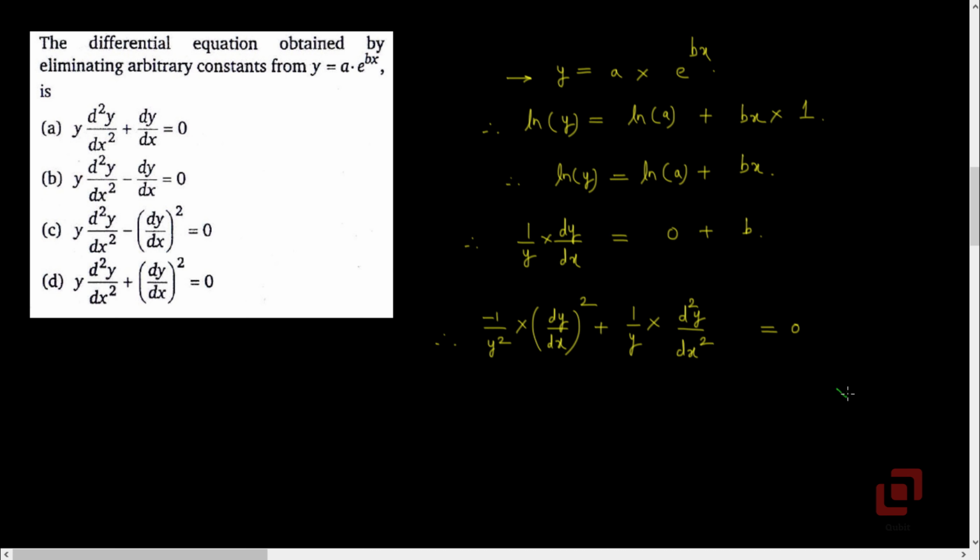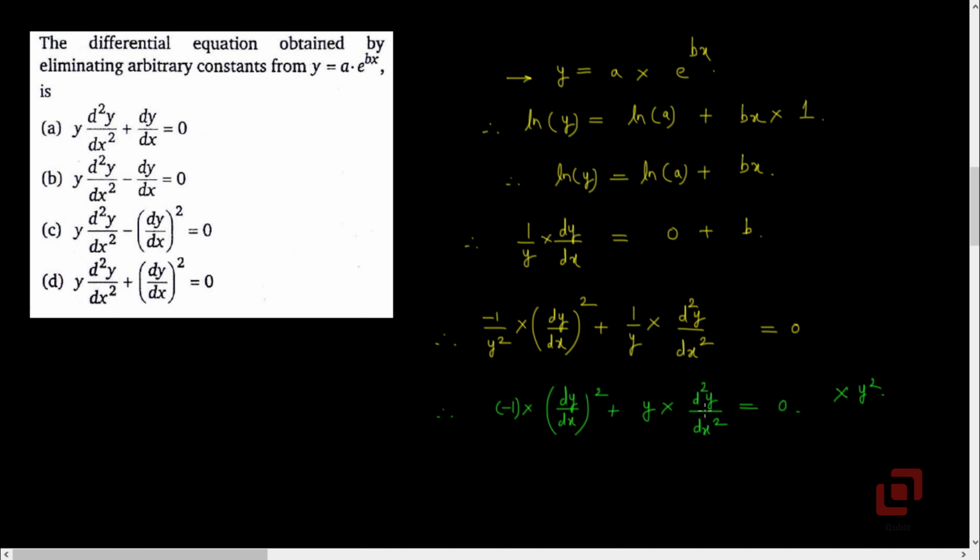So let us multiply the entire differential equation by y squared, which will give us minus 1 into dy by dx raised to 2 plus y into d2y by dx squared equal to 0.